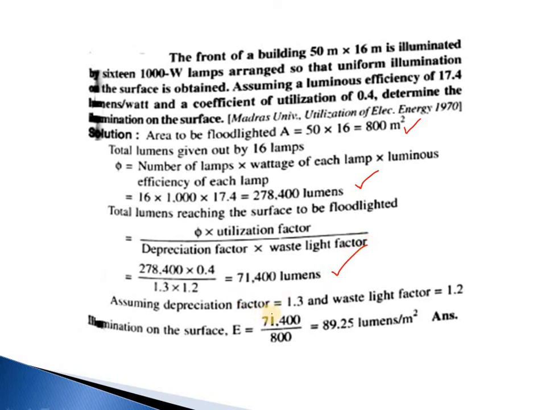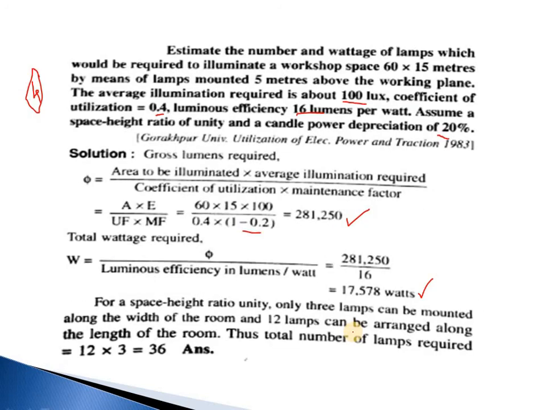Assuming that the depreciation factor is 1.3 and the waste light factor is 1.2, we are getting the illumination on the surface as 71,400 lumens divided by 800, the total flooded area, that is 89.25 lumens per meter square.